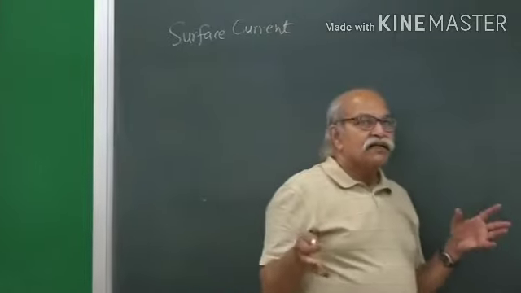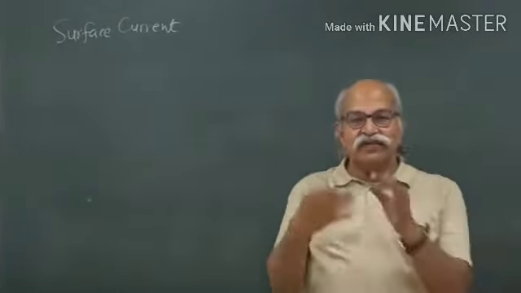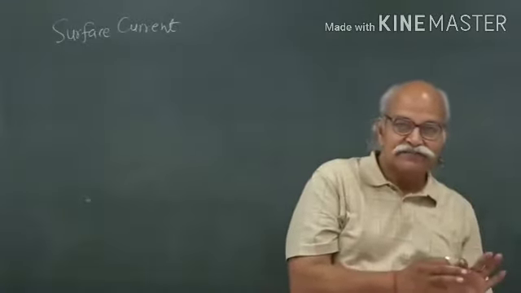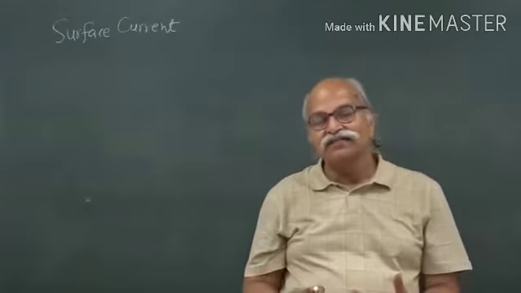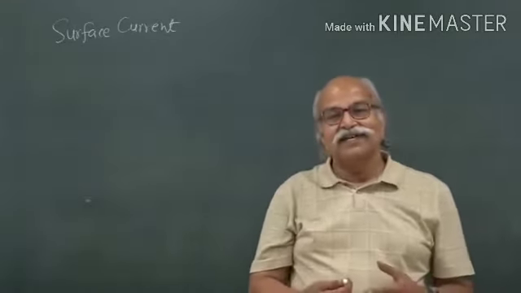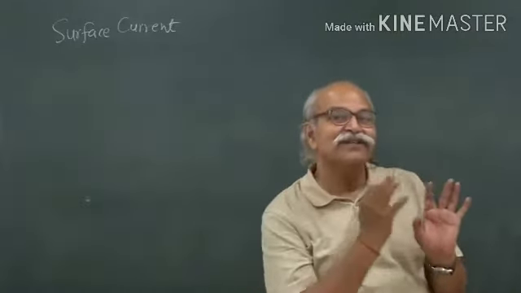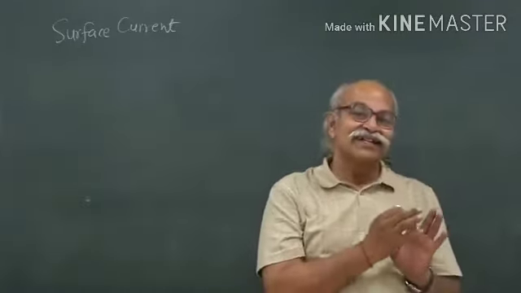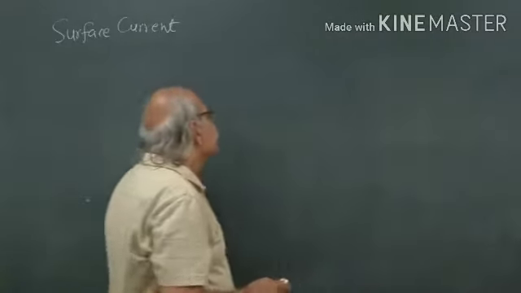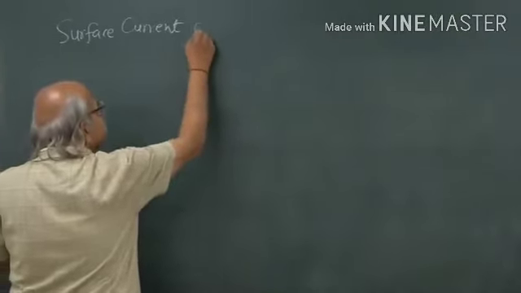If the charges which are moving to make that current are all distributed in a volume, we get volume current. But if the charges making that current are on a surface and move only on that surface, then the current is called surface current, and correspondingly we will define surface current density.